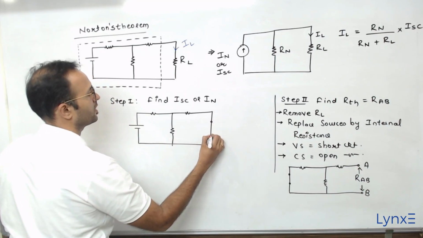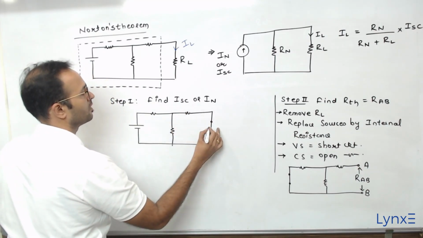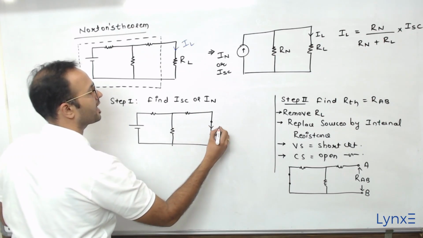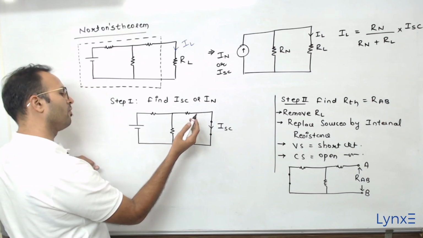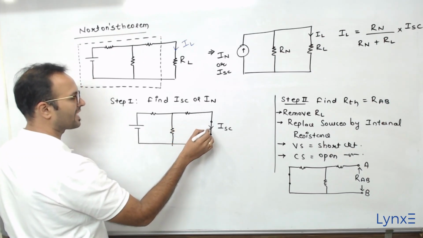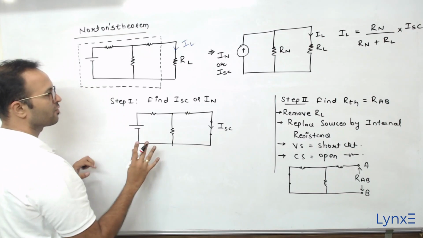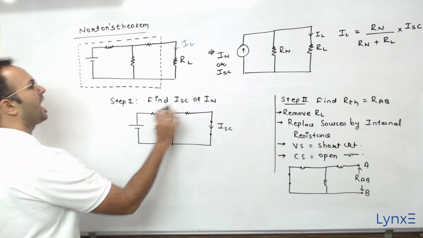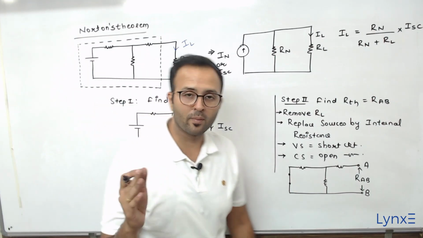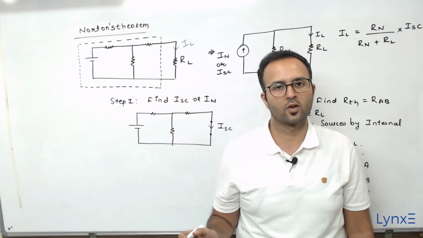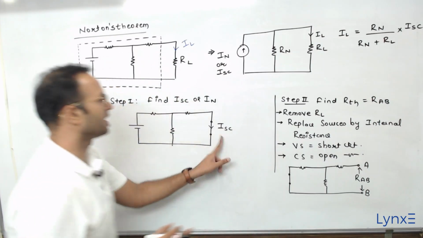So here I shorted it and gave a direction. Your wish, give it downwards or upwards. Anyways, I gave it downwards. So this will be my setup for finding ISC or IN. Use any analysis, mesh analysis or nodal analysis, and find ISC.